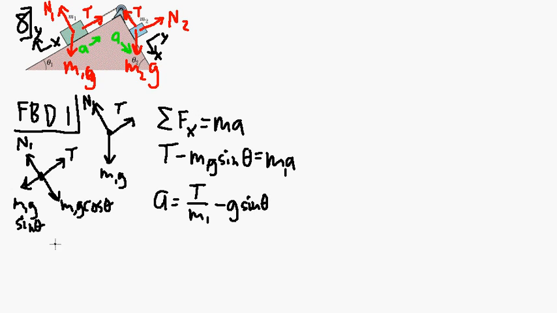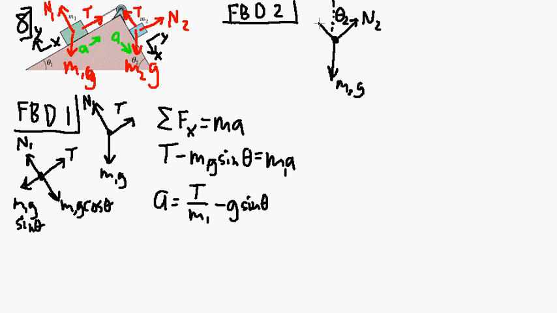Easy enough. All right, let's do a free body diagram for number 2 now. If we can solve this one for A as well, then we should be able to put them together and get something out for tension. So for number 2, here's our N2, which is an angle theta 2 off of vertical, there is our M2G, and here is our tension.